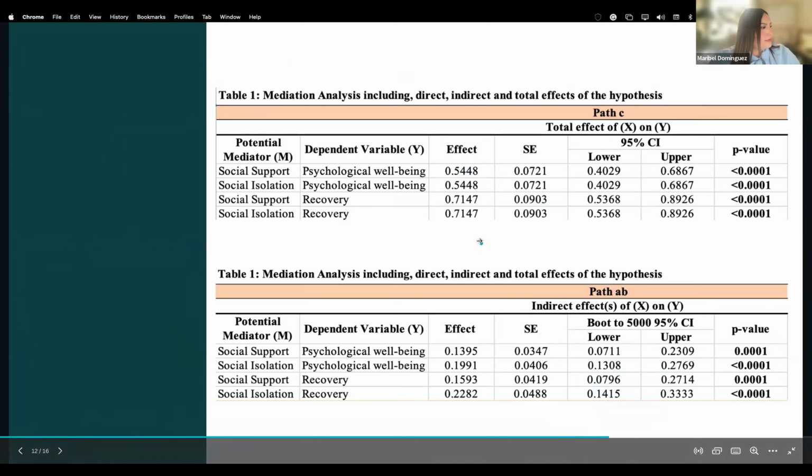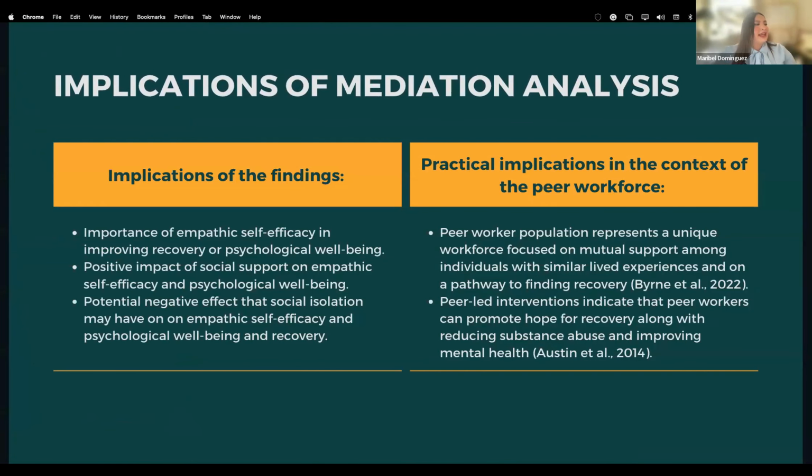Okay, let's see here. Some of the implications for the mediation analysis, of course, based on what I mentioned, we can tell that empathic self-efficacy helps in improving recovery and psychological well-being, and that there is a positive impact, even if it's partial, from having social support on empathic self-efficacy and psychological well-being, and that there's also a potential negative effect from social isolation on empathic self-efficacy and psychological well-being, even if it's partial.